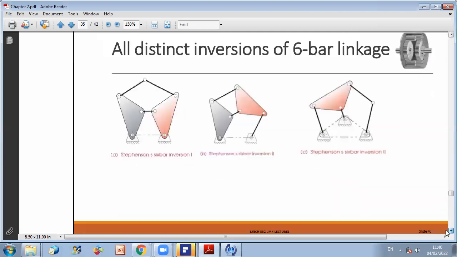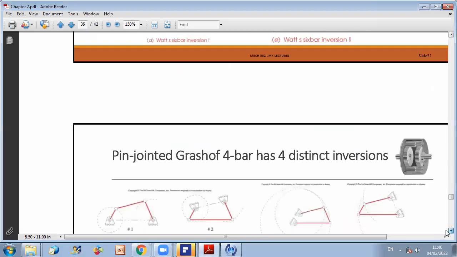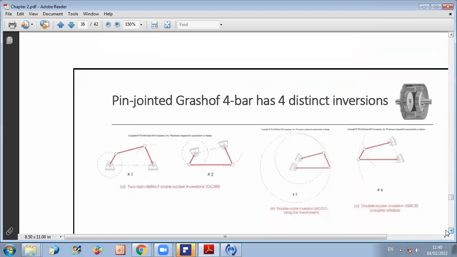Now, if we move to the 4-bar linkage mechanism that we are familiar with, we'll see also what the different types of inversions are that can be produced with this mechanism. The idea here is that the number of inversions will always be equal to the number of links, because whenever you ground a new link, you consider that this is a new inversion.